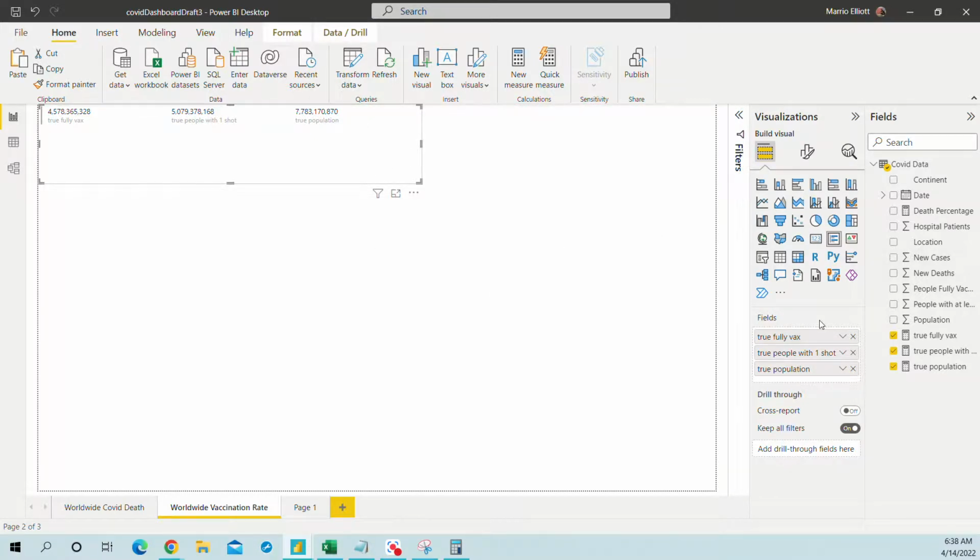All right, and let's do one more DAX calculation, and let's do the percentage of people vaccinated against the population. We're going to do the truly vaccinated against the population to see what percent of the population is fully vaccinated, and then we're going to do the same thing for the people with at least one shot.